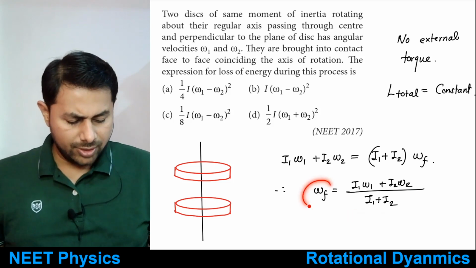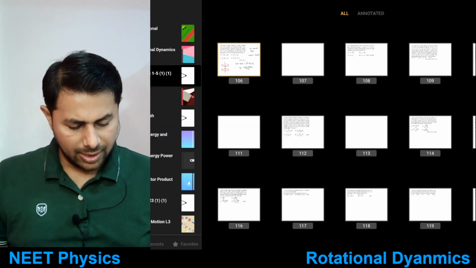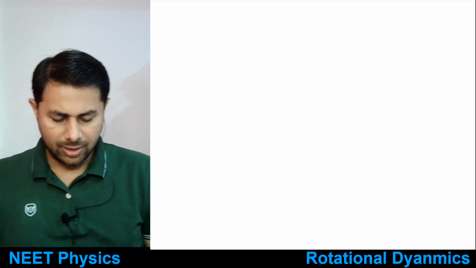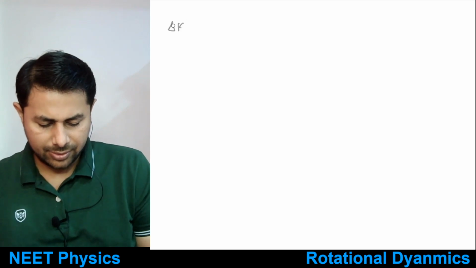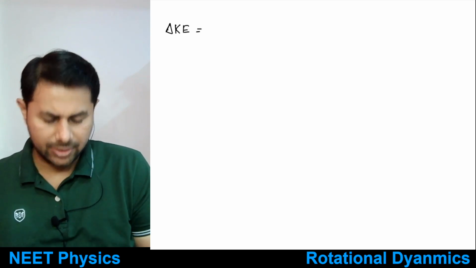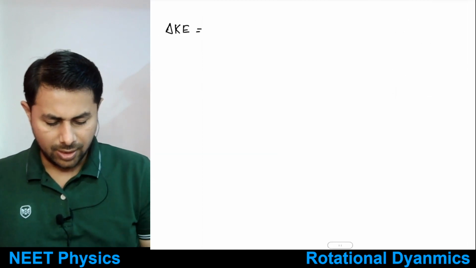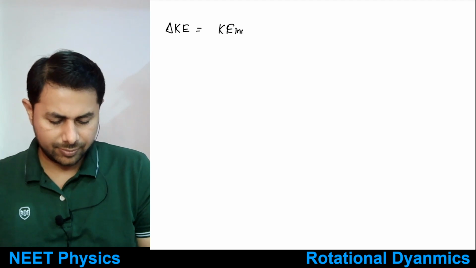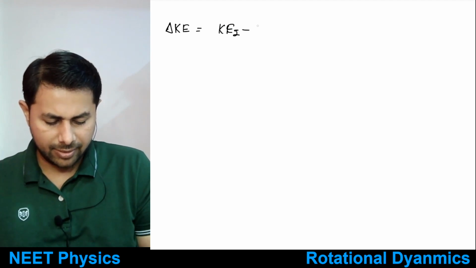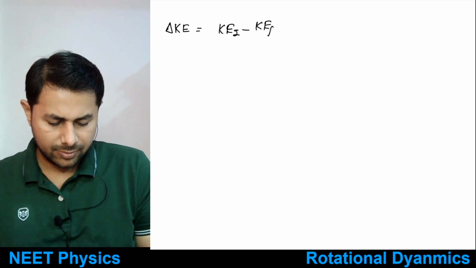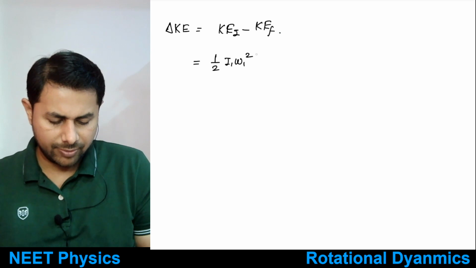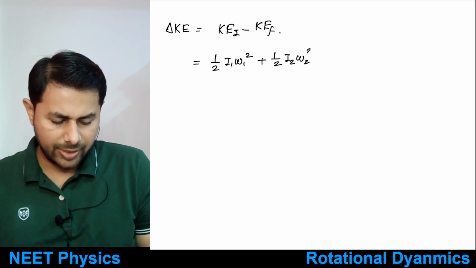So this is the final angular velocity, and then I want to find out the change in kinetic energy. The change in kinetic energy, delta KE, is initial kinetic energy, KE initial, minus KE final. That is equal to half of I1 omega 1 square plus half of I2 omega 2 square.